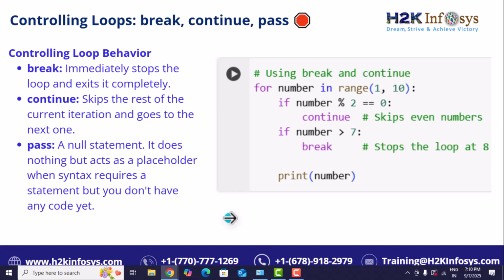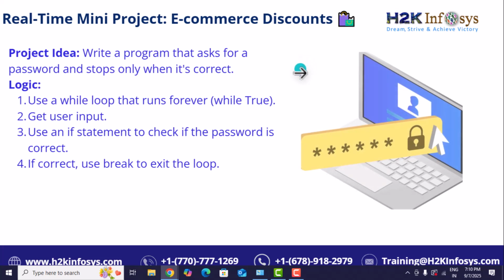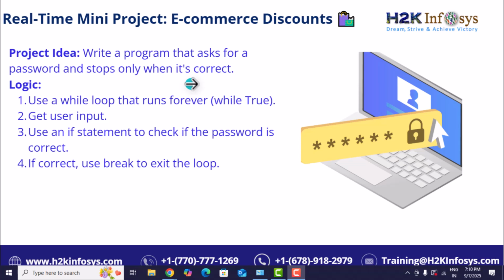Yes, so based on this, I want to give a task for you all, like an e-commerce discount. Here the task is one password, which you have to define before starting the loop. Then in the loop, take some password from the input function and check it with the password already predefined by you.